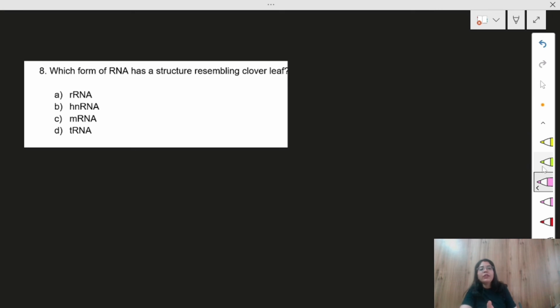Okay, which form of RNA has a structure resembling a clover leaf? Clover leaf is like this. When you see a clover leaf, you will see it has 4 ends. So this kind of 2D structure is there in transfer RNA. The 2D structure of transfer RNA is clover leaf, and the 3D structure is inverted L-shaped.